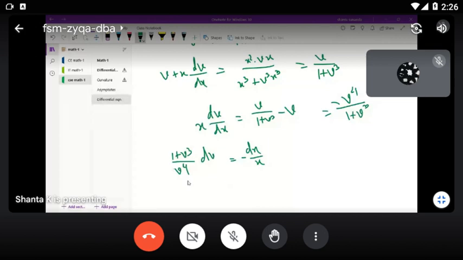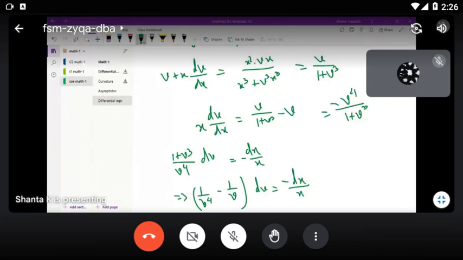Further, you can make it fraction 1 by v4 minus 1 by v dv. Okay, so then go for the solution.